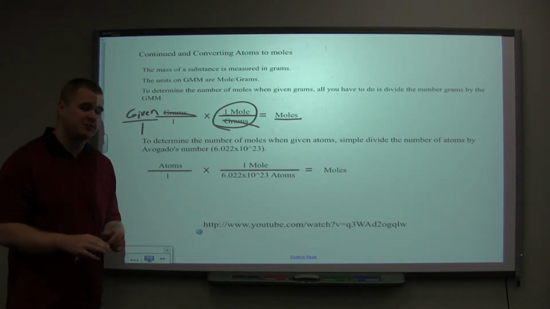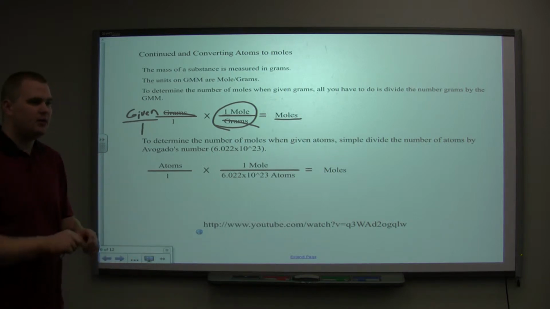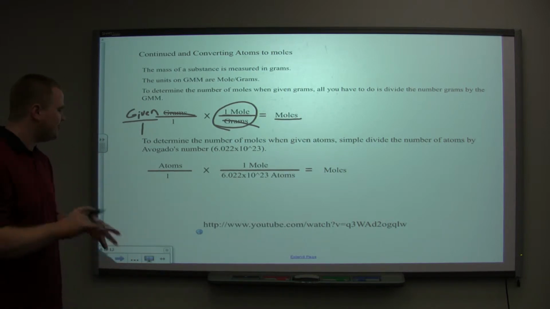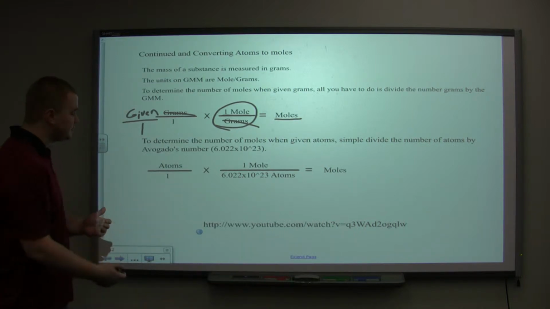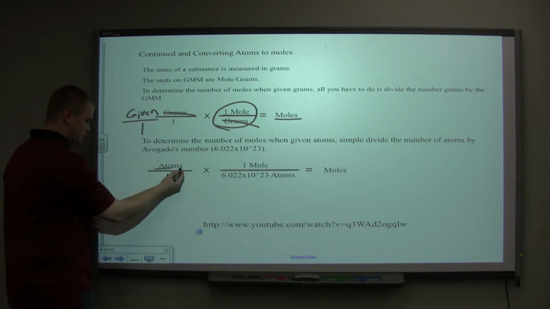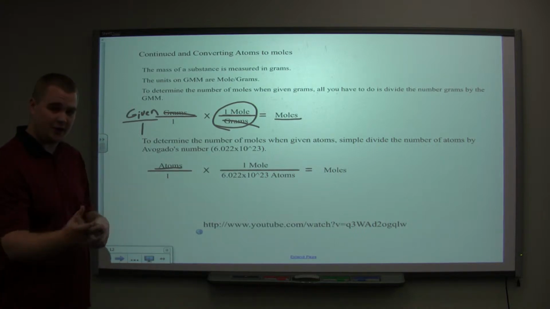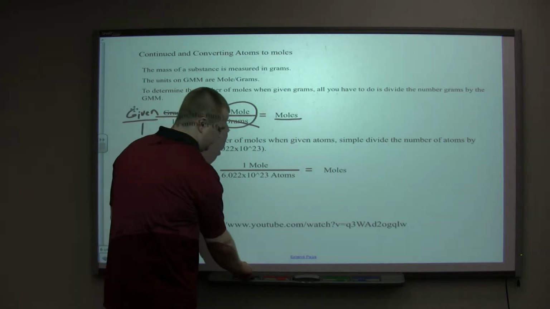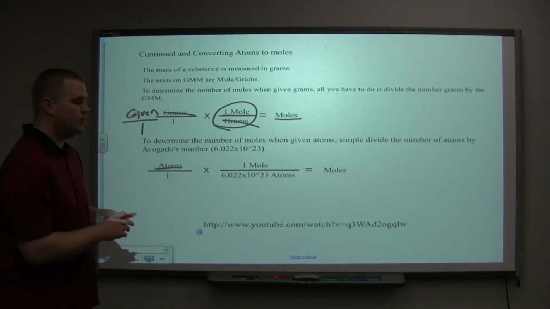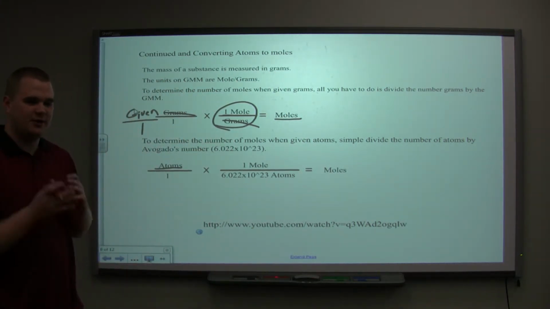If you're given atoms, it's a little bit different. It's not too tricky, but it's the same thing. First, you're given atoms, so you take what you're given and you put it over 1. Then, you do the exact same thing. You're trying to get moles, so moles have got to be up top. But what's the conversion rate? That's what we need to know.